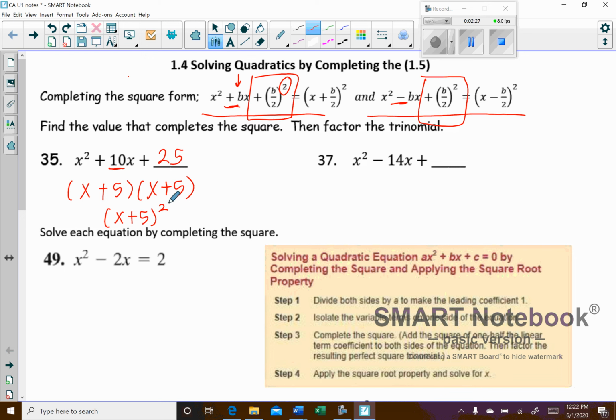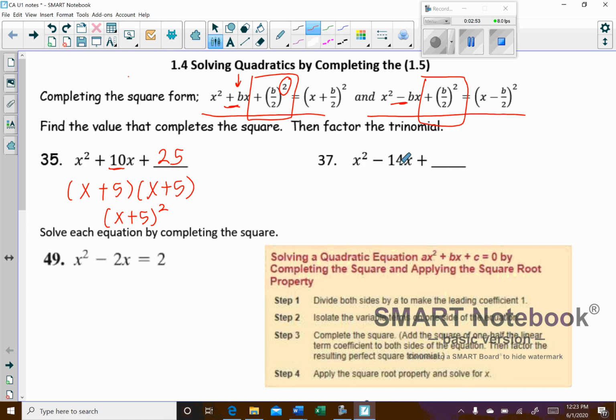You can see that it followed that pattern here. The 25 was half of my middle coefficient raised to the second power, and then it factored into x plus half of that middle term, 5, all raised to a power of 2. That's a pattern you'll want to pick up on. It'll make the process easier as we go through these.